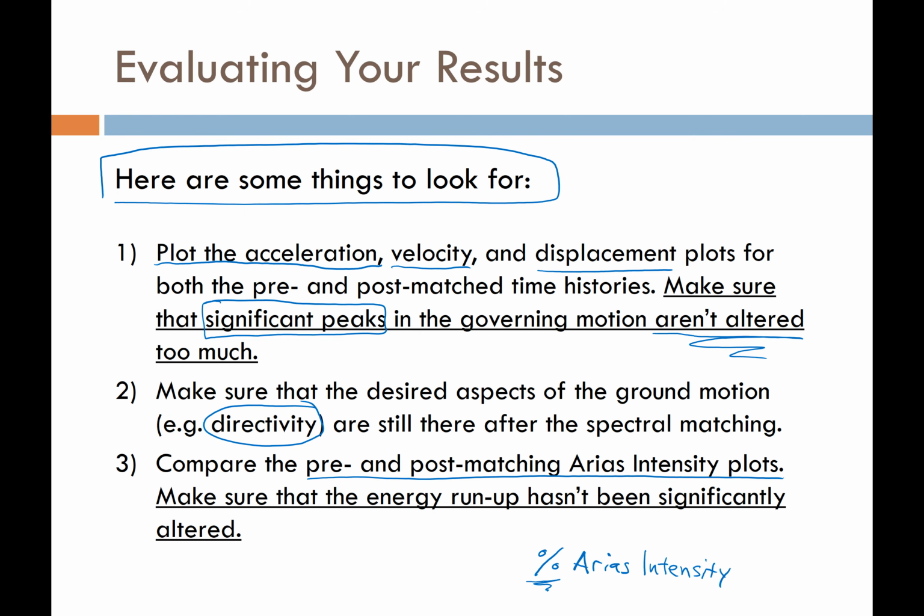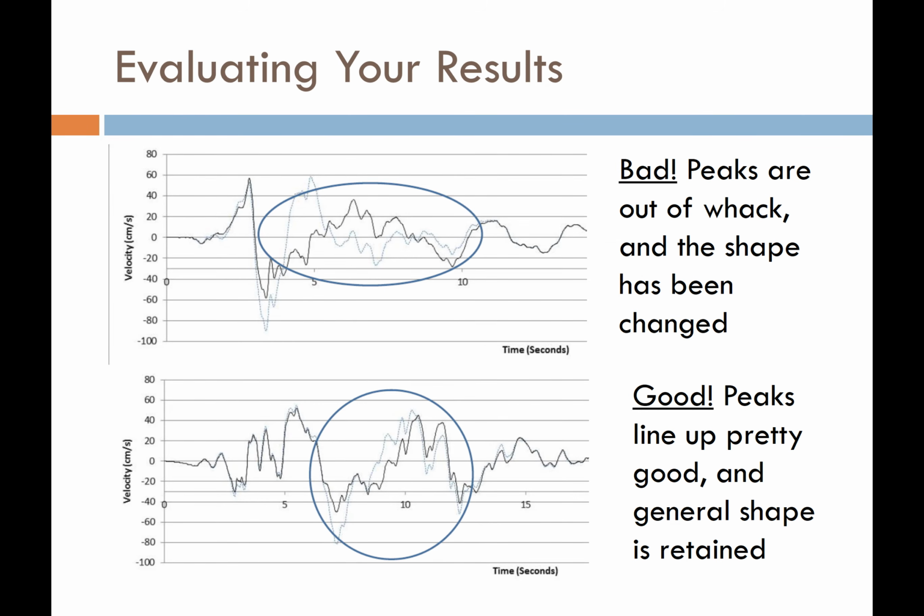So, some actual examples. Here are some plots I created. These plots show a couple of velocity plots. You can see the dark black line, that was my spectrally matched time history, and then the light dashed line was the pre-spectral matching velocity time history.